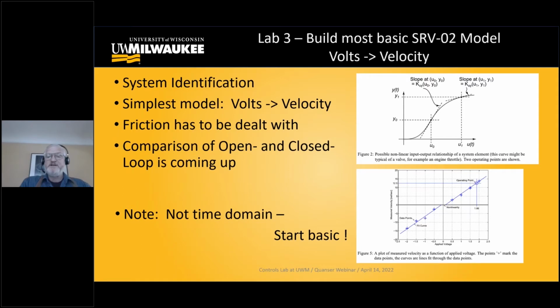And so they'll collect data that allows them to establish these points, and then they identify the DC gain for the system. This is, first of all, illustrative of this idea of starting basic.